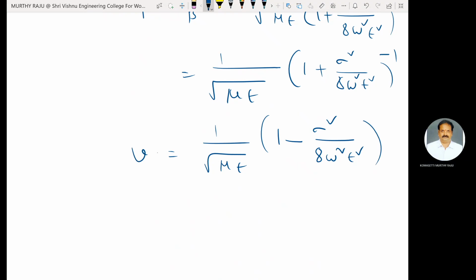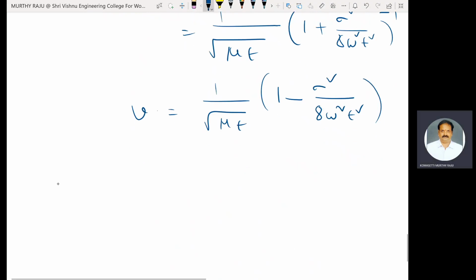This is the velocity of propagation. Next is intrinsic impedance.